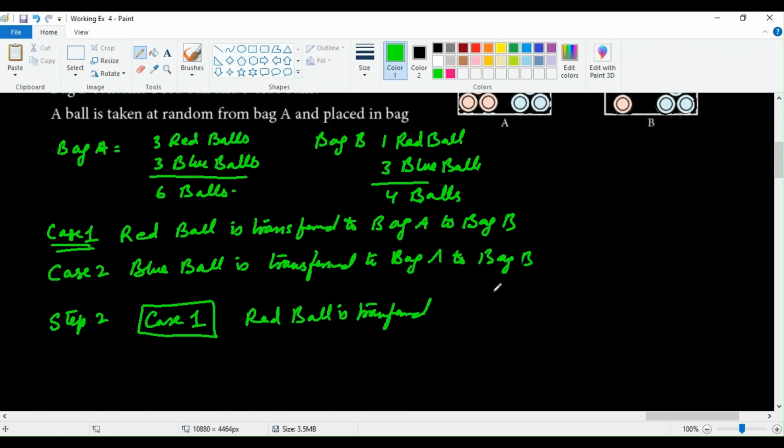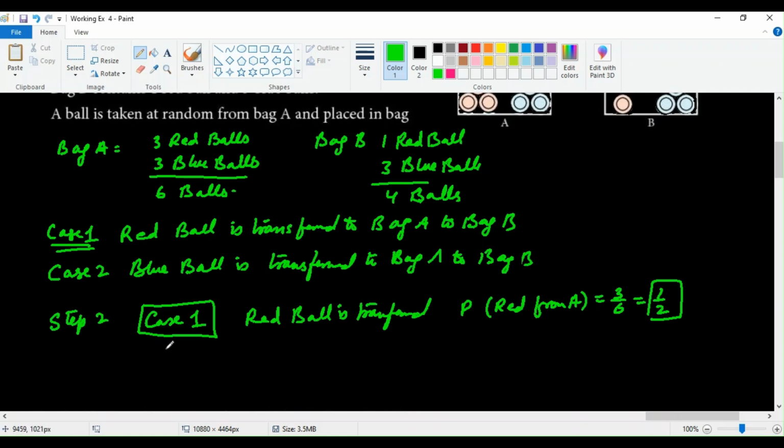So it becomes possibility of red from bag A. It's giving us 3 over 6, or we can say 1 over 2. This is for case 1.